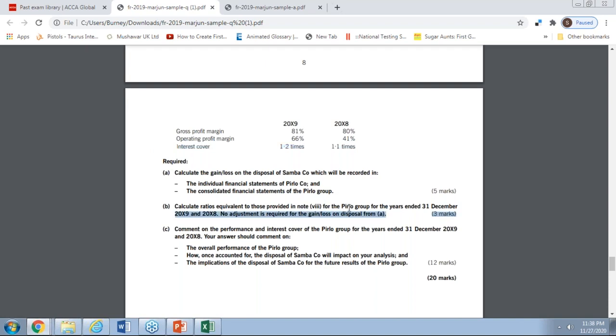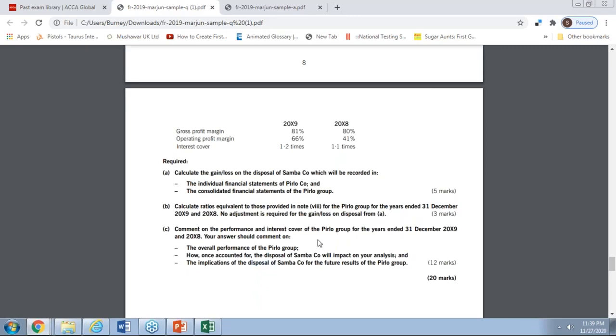This is the Pirlo group, and you are required to solve the question. The question is the overall performance of the Pirlo group, once accounted for the disposal of Simba, how it will impact the analysis, and the implication of the disposal of Simba.